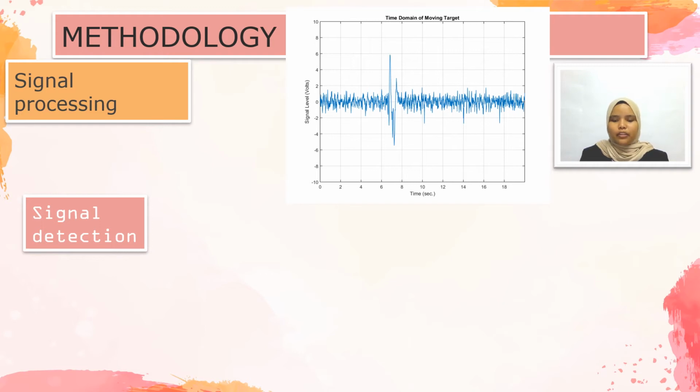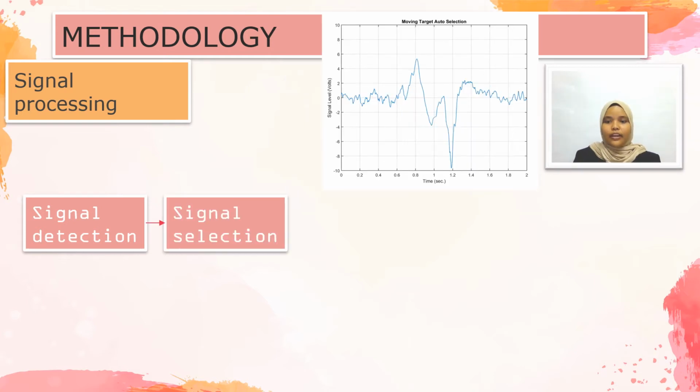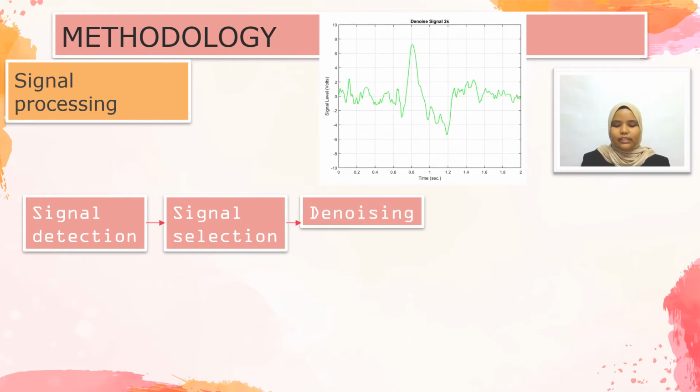The last part of the methodology is signal processing, which is shown in the chart below. First is signal detection. Time domain detection is captured in 20 seconds. From there, the signal will be selected in a 2-second time domain that consists of the Doppler signature of the vehicles. In data denoising, it will reduce the unwanted signal.